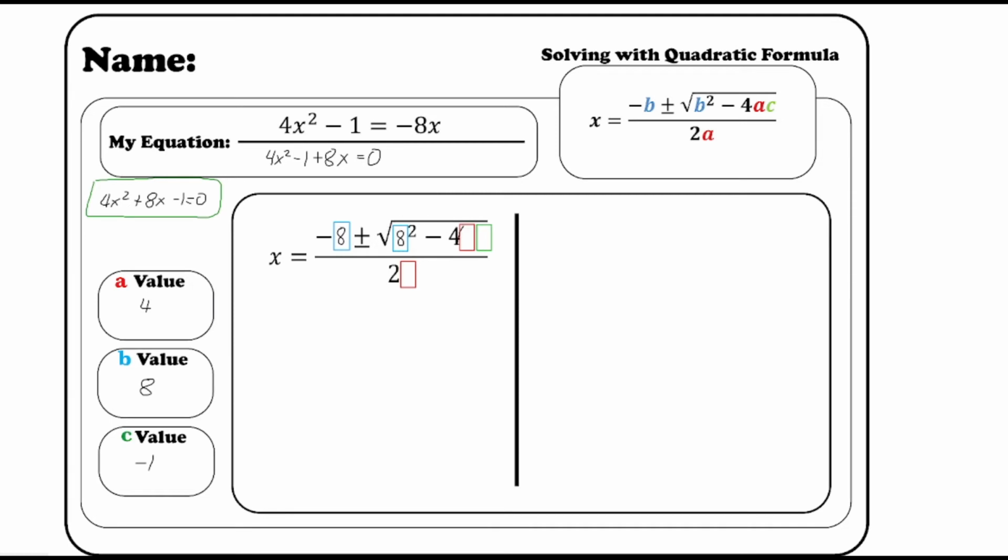Okay, so 8 also, kasi blue yan. Then, we have times 4, and then times negative 1. Okay, so again, rewrite natin. So, nire-write ko siya kasi medyo magulo yung pagkakasulat ko when I put it inside the box. So, we have negative 8 plus minus square root of 8 squared minus 4 times 4 times negative 1.